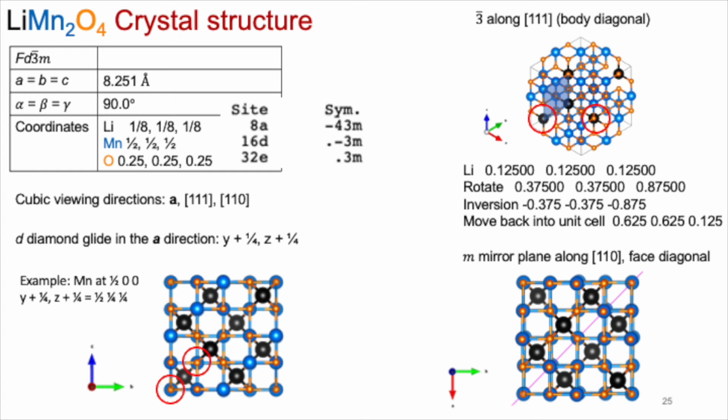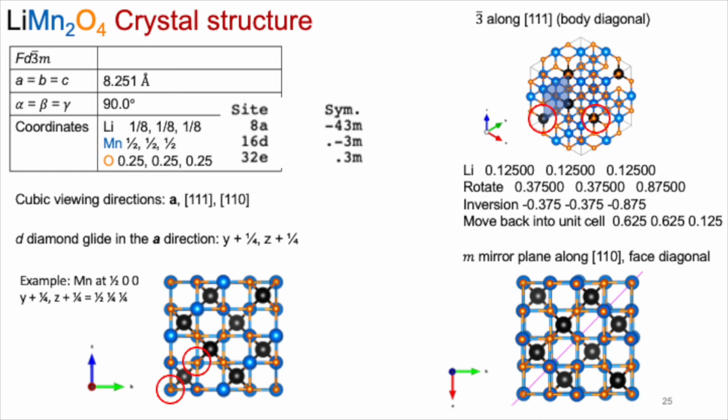That's fine, but then I move it back to the original unit cell because I want everything to be between 0 and 1. So if I add 1 to negative 0.375, I get this. And so if you start off with this atom right here, lithium, you generate this atom.